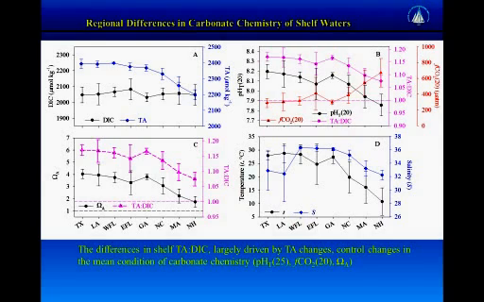as well as the pH and CO2 fugacity. But for the CO2 fugacity, that's the chemistry of it. We also see a large decrease in temperature from Gulf of Mexico all the way to New Hampshire.